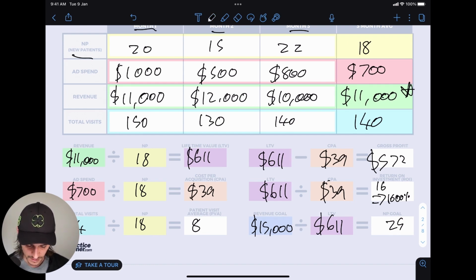So I only need to get 25 new clients a month on average, because every new client on average gives me 611, so on average I would make $15,000 a month. And right now I've got 18 new clients a month on average. So I only need to increase that to 25 and I'll be doing $15,000 a month.